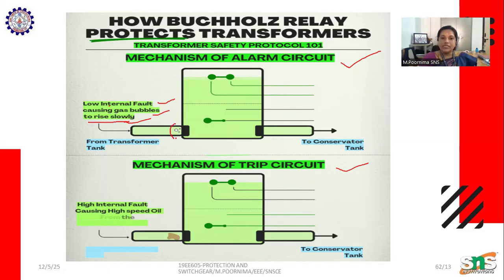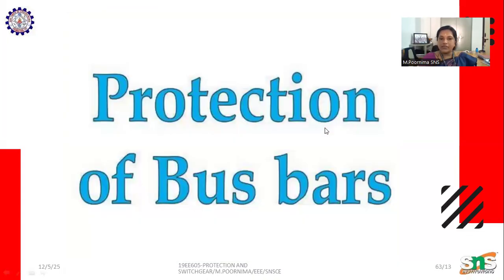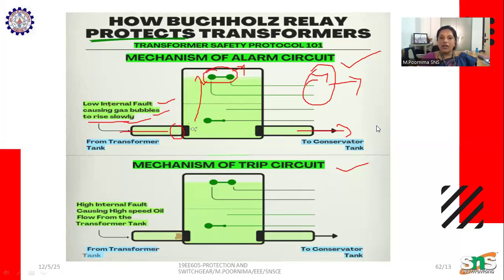When the bubbles rise, they hit this switch, and the switch automatically operates the alarm connected to it, and the alarm indicates. This is the first type of alarm mechanism.